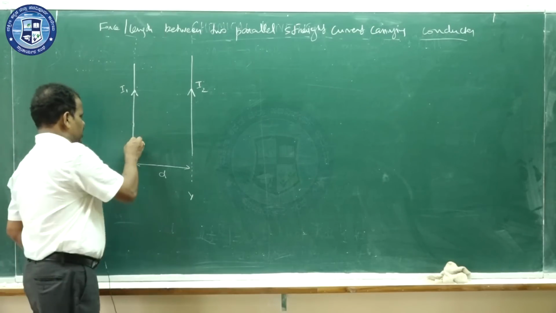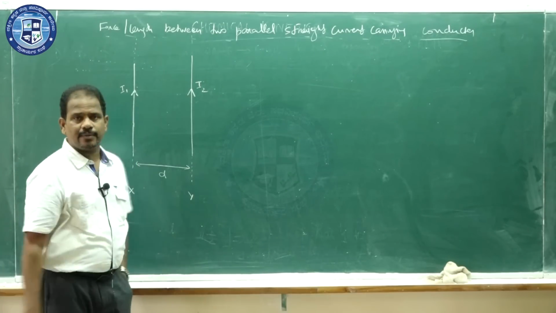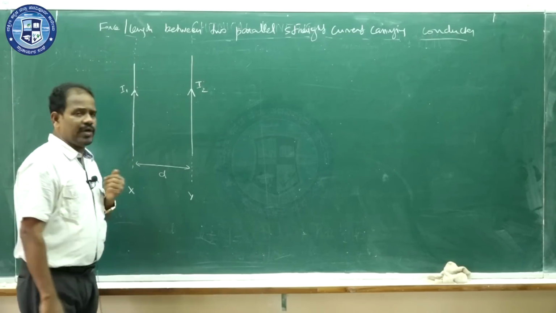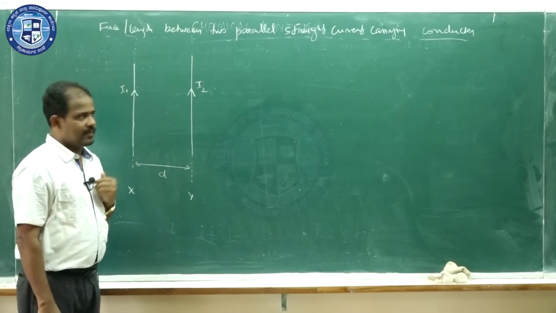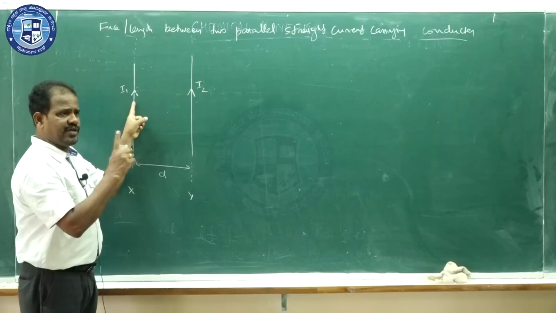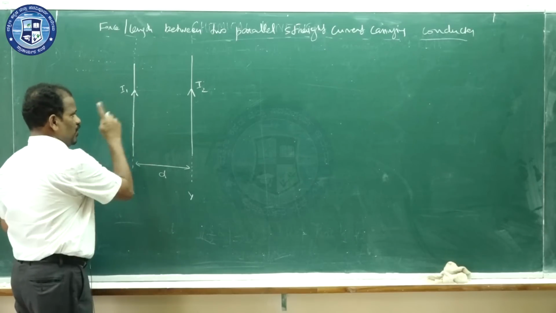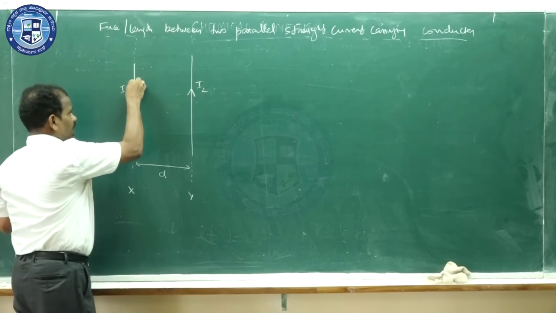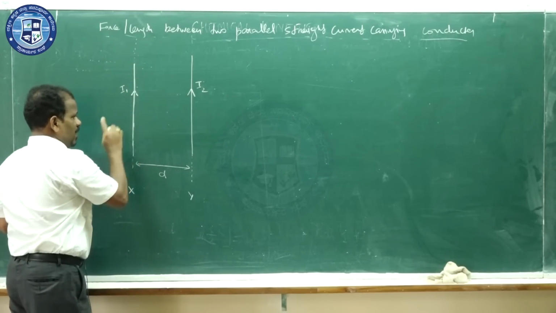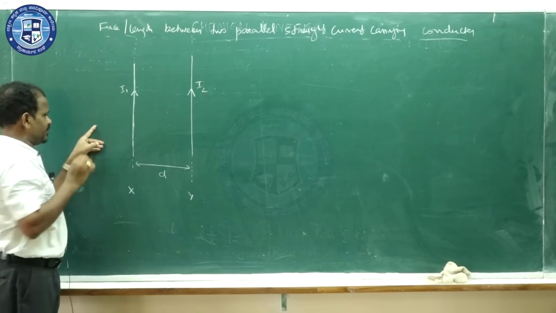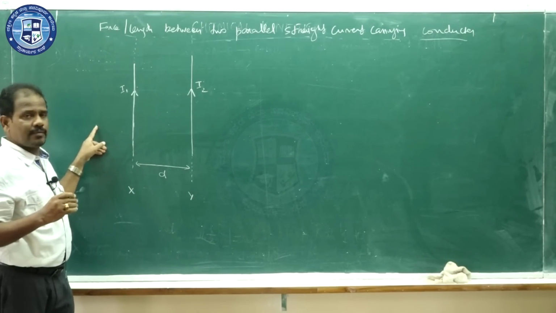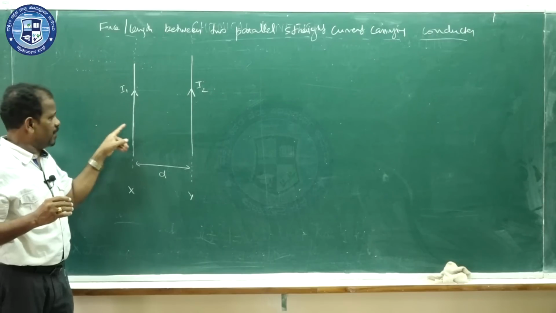Now how to find this expression? First we need to calculate the magnetic field. Surrounding a straight current carrying conductor there is a magnetic field. If you want to find the magnetic field somewhere here, there is a magnetic field here because of this wire.